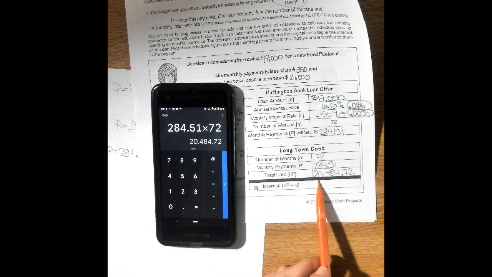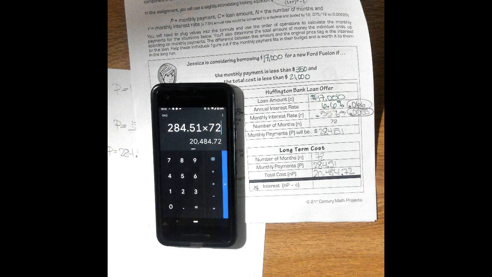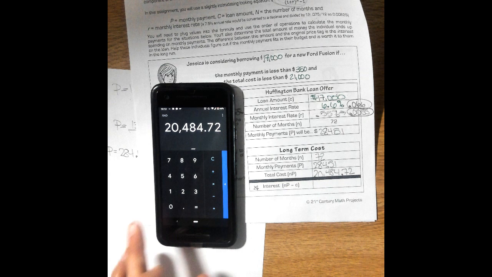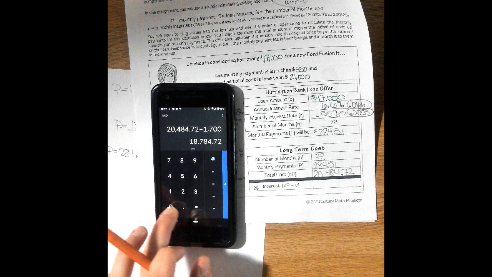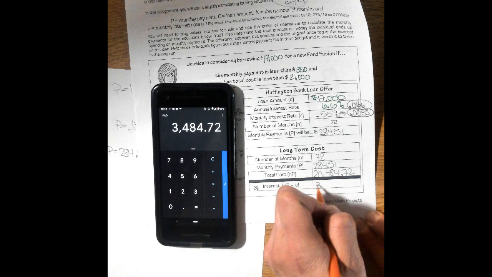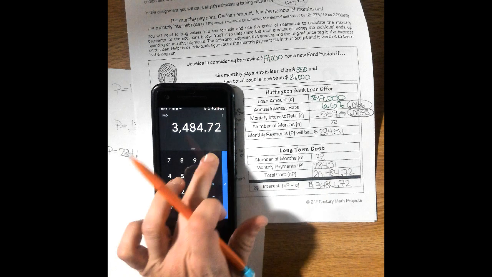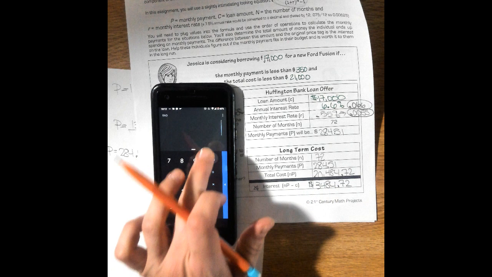So you would take this value, subtract what it actually cost, and that means you paid $3,484.72 in interest.